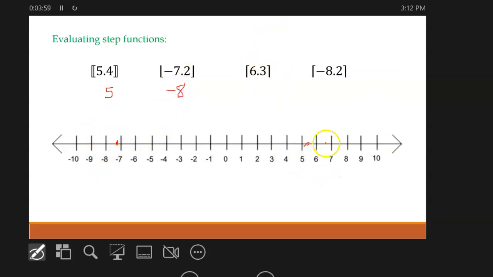The greatest integer of 6.3 would be the greatest integer that is less than or equal to 6.3, and that is 6. And the greatest integer of negative 8.2, which would be here, would be the greatest integer that is less than or equal to negative 8.2, which would be negative 9.